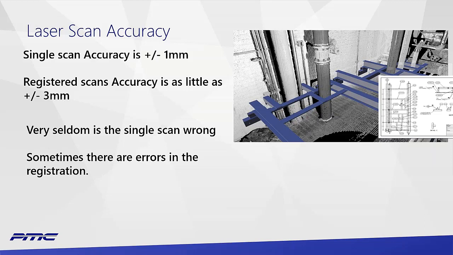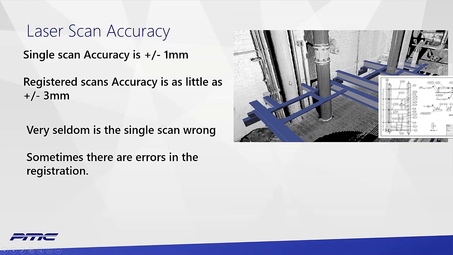Bad registrations can be awful, but a good registration on a smaller project can hold about 3 millimeters across the scope area. Another thing we run into, and we get questioned a lot when things don't meet what people expected a site to be, is that the single scans are correct. So if we measured the distance between these two pipes in this picture, that distance would be extremely accurate. And anything that you've measured with a tape measure, if it doesn't match, it's not correct.